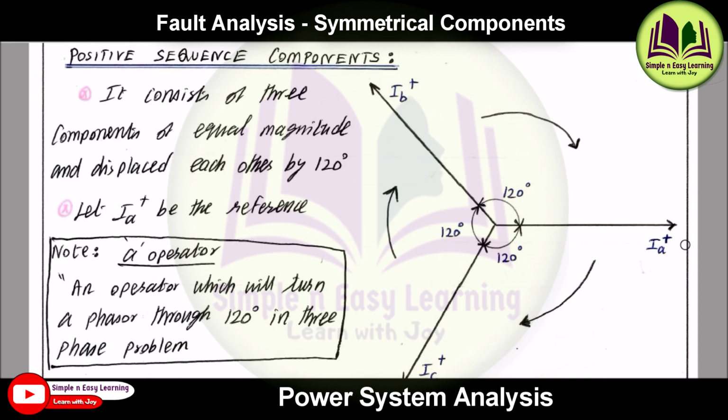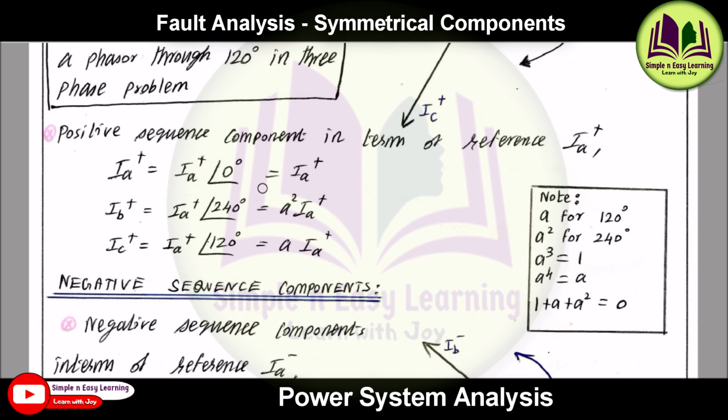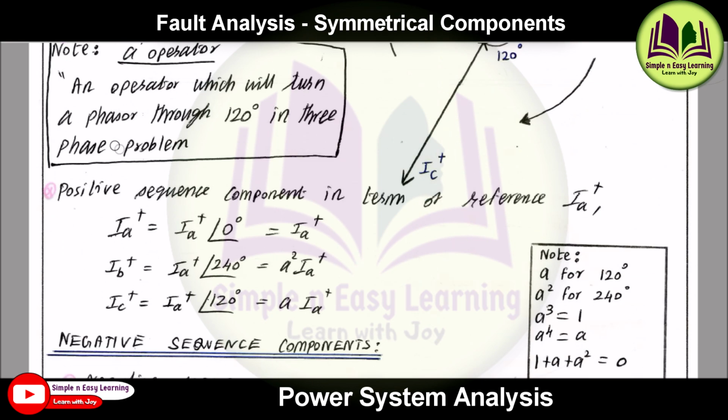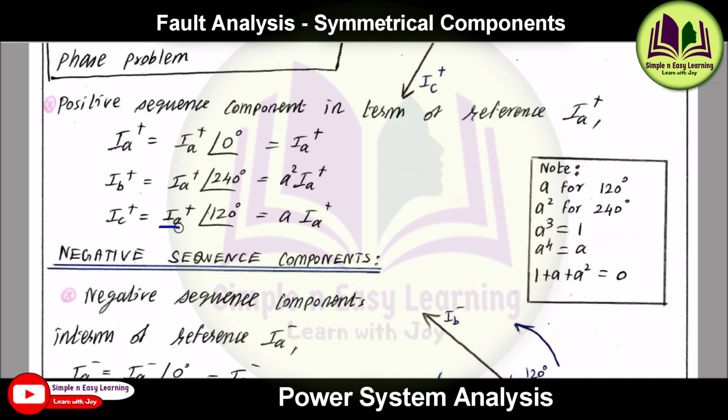What is the angle difference between IA plus and IB plus? It is minus 120 degrees, or plus 240 degrees. So IB plus is at 240 degrees from the reference. Similarly IC is at 120 degrees, so IC plus can be written as IA plus angle 120 degrees.